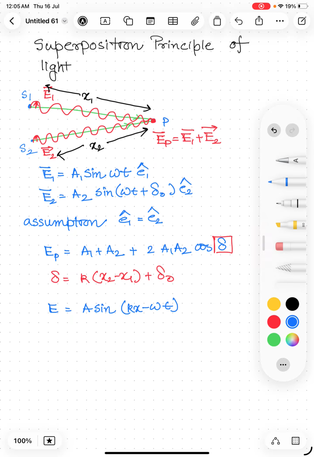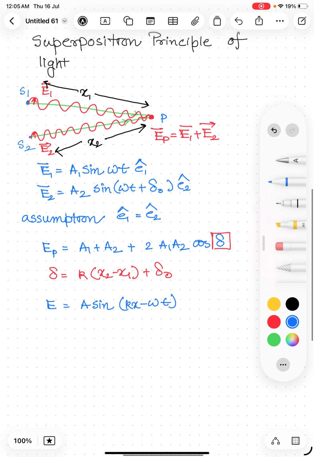Why we are not taking the kx has been discussed before, so I am not going into that. Anyway, with these assumptions, let me write the total amplitude as AP. I have also used the fact that the intensity is proportional to A square.